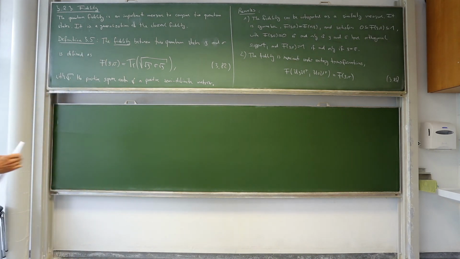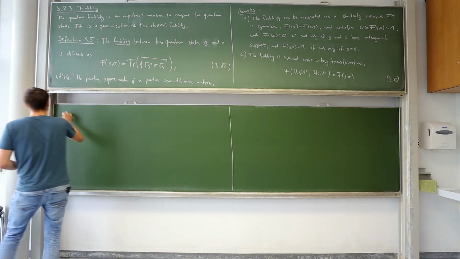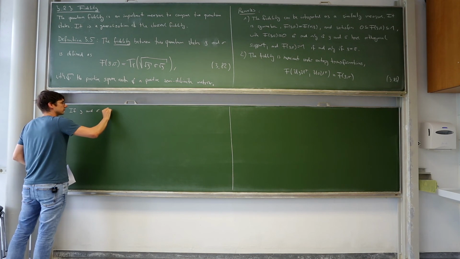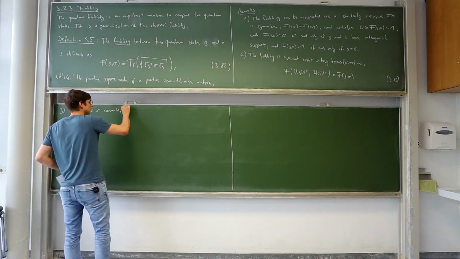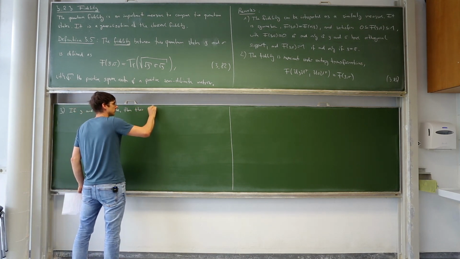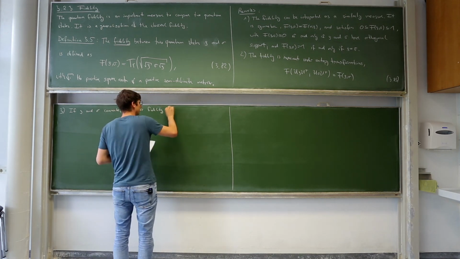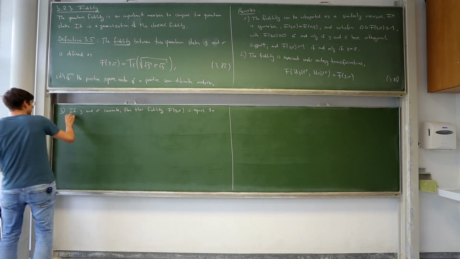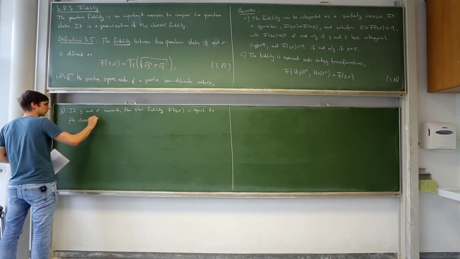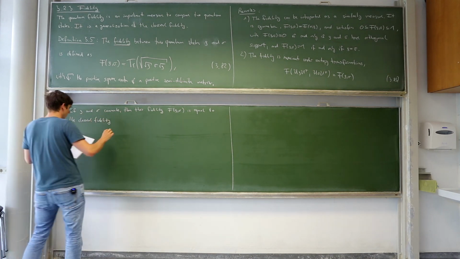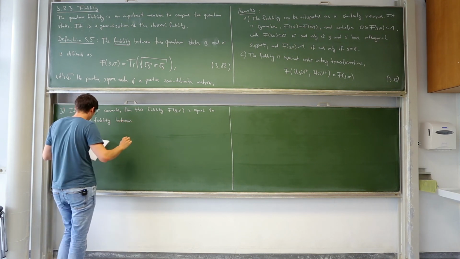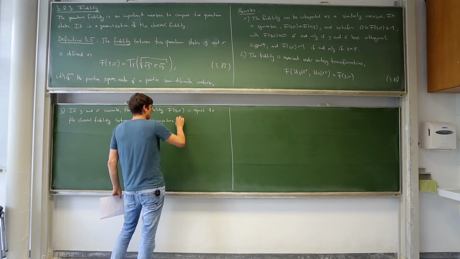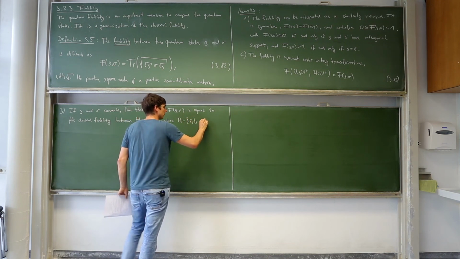So this is our remark number 3. If rho and sigma commute, then their fidelity F of rho and sigma is equal to the classical fidelity between their eigenvalues R and S.